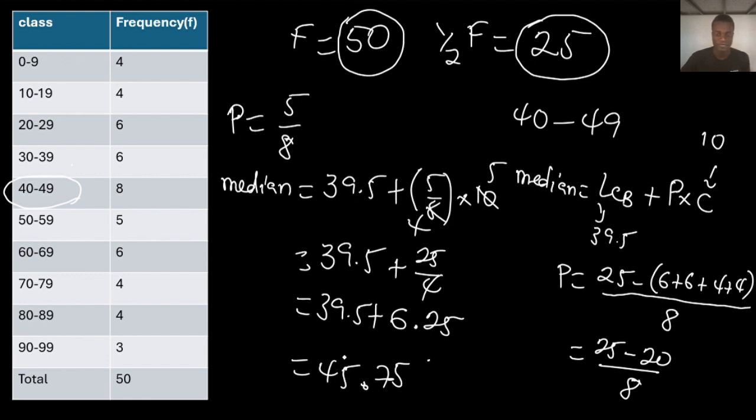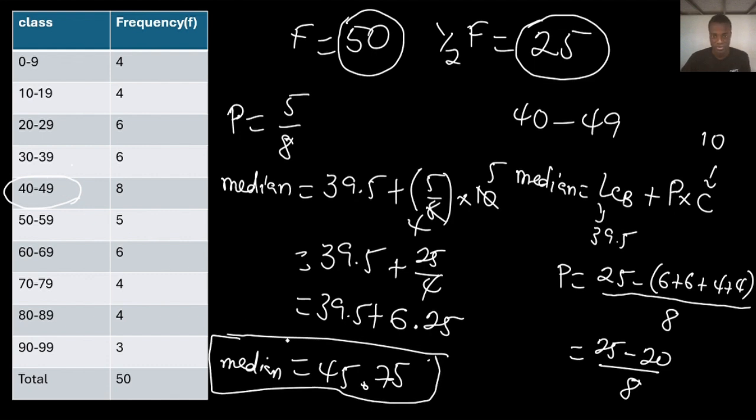So 45.75 is our median, the median for the data set. You see that the median falls within the median class, 40 to 49, and we had 45.75. You need to make sure that your final result is within that range. If it doesn't fall, then there's an issue with your calculation.